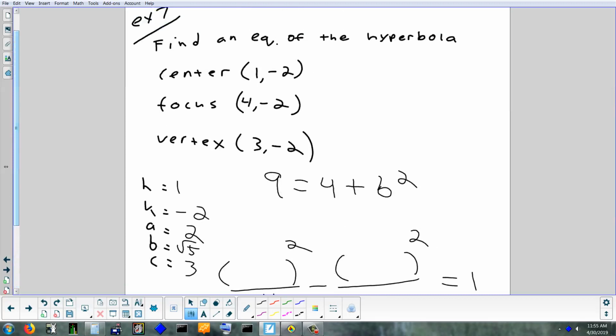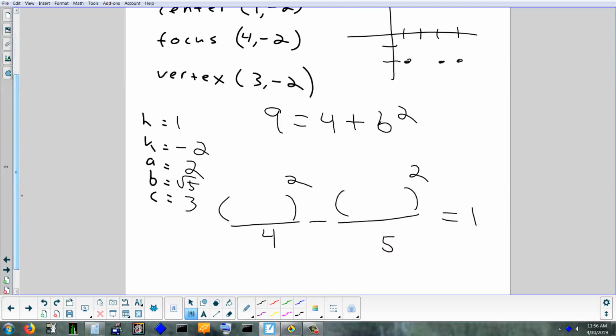Look at all these points. They all have a y value of -2. If that doesn't mean anything to you, then draw it. Right 1, down 2. Right 4, down 2. Right 3, down 2. They're all down 2. So they all line up what way? Horizontal. What letter is the horizontal? X. So we want the X to be positive.